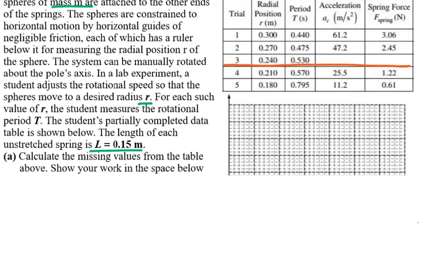Centripetal acceleration is equal to v squared over R. v is equal to 2 pi R over the time it takes to make one revolution. So if I square this, I have to square that.